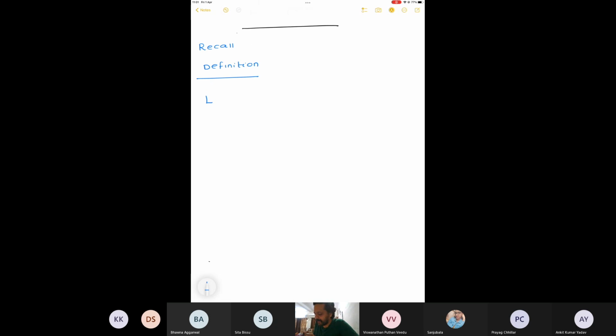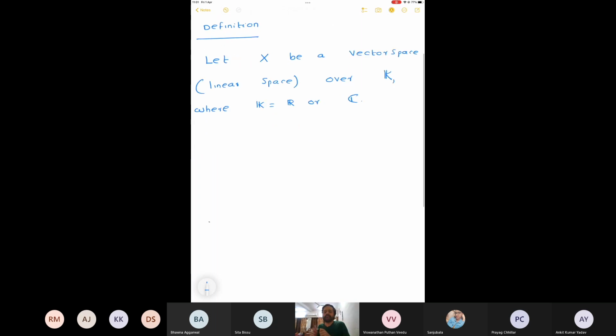Assume you have a vector space over the field of real numbers or complex numbers. So you have facility to add vectors, you have facility to scale a vector. That's what you have in vector space.